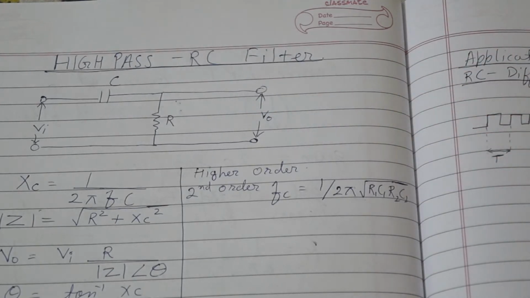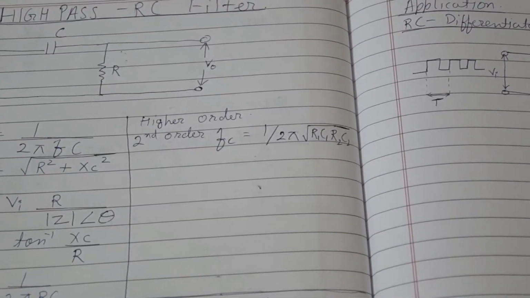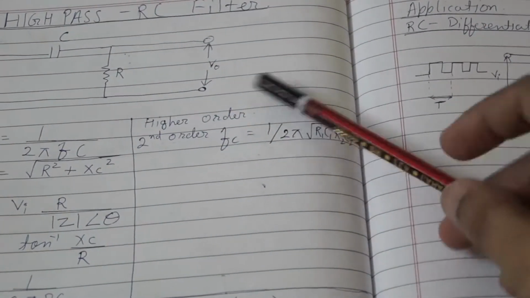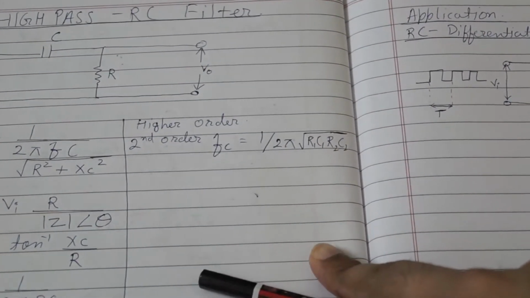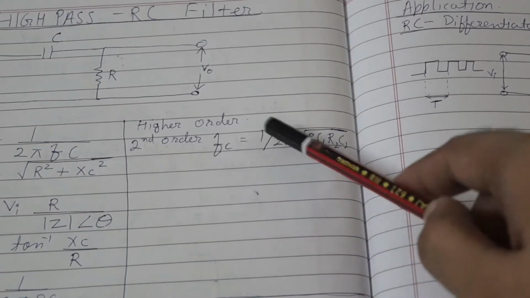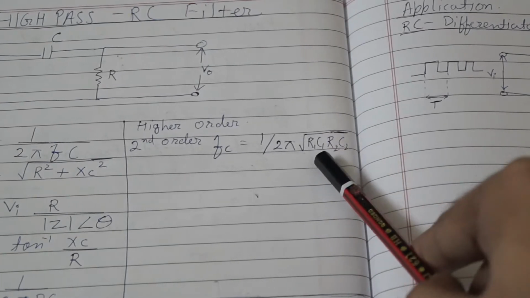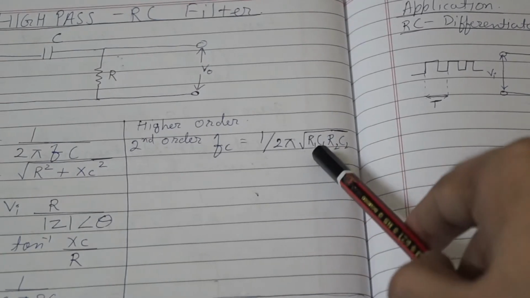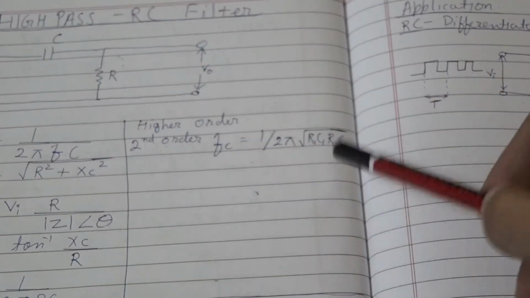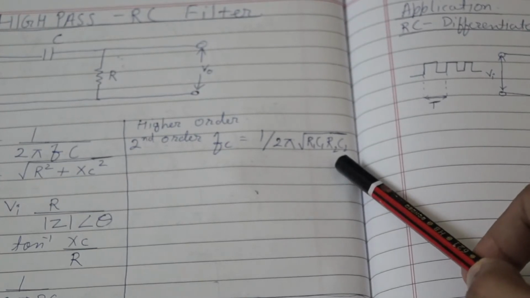When we increase the order, if we choose the same components in the next order, our cutoff frequency is reduced, and the cutoff frequency of higher order is given as 1 divided by 2 pi square root of the time constant of the first order circuit multiplied by the time constant of the second circuit.